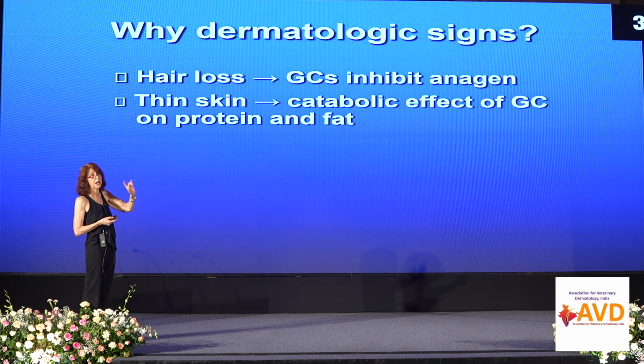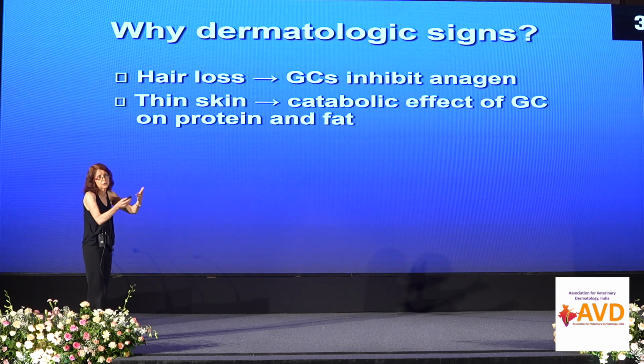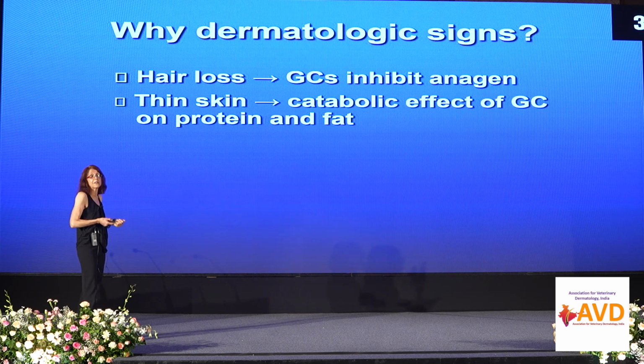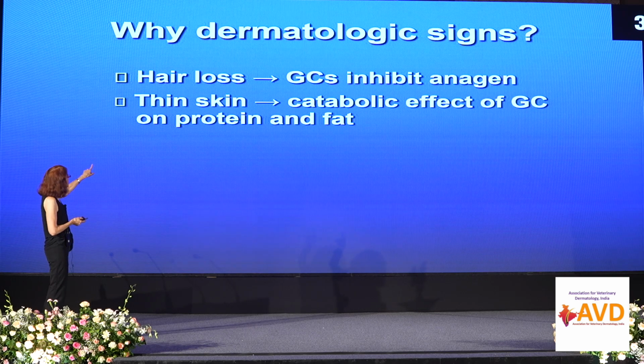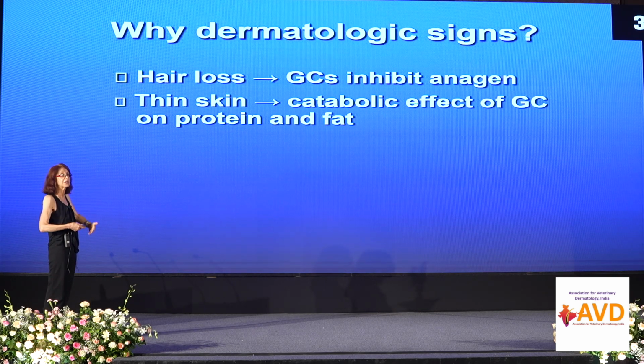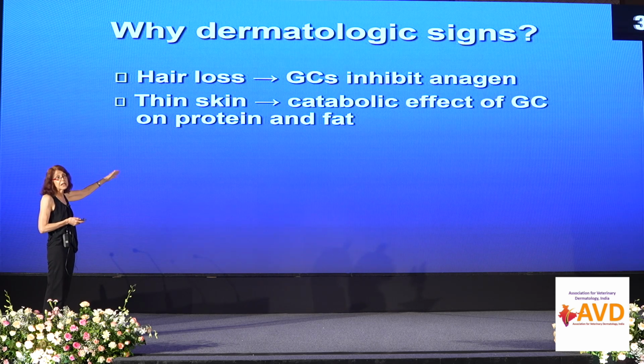But I saw one case of what we call myxedema, which again occurs in very chronic cases. People tend to supplement more, as we discussed before, with thyroid hormone than miss a diagnosis, because they give so much that it would be rare to miss a diagnosis and see a very advanced case. But thin skin here is that catabolic effect of glucocorticoid on protein, fat, and also carbohydrates, okay?